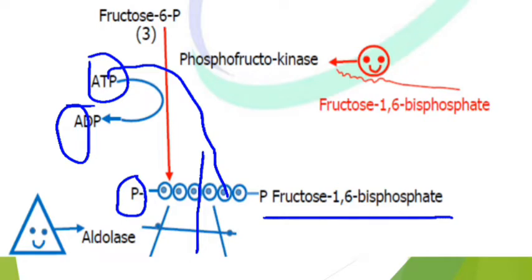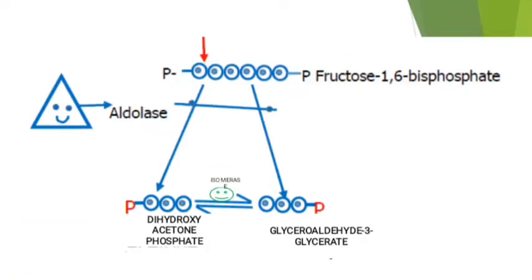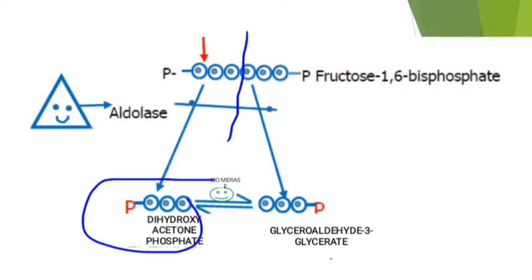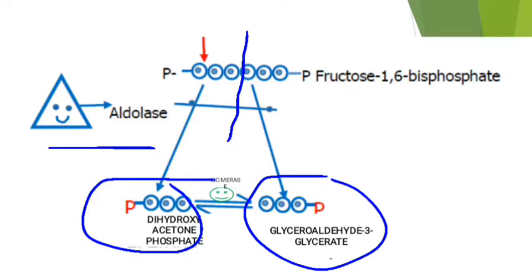Once that is achieved, aldolase enzyme comes in to cleave this at position 3 to form 2 different molecules, by an aldolase enzyme. This is known as dihydroxyacetone phosphate.